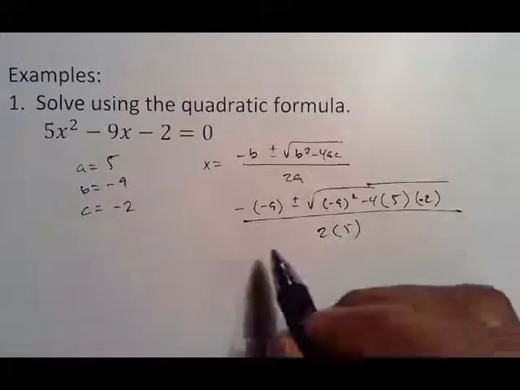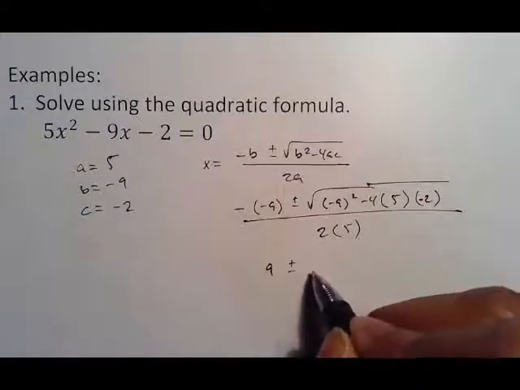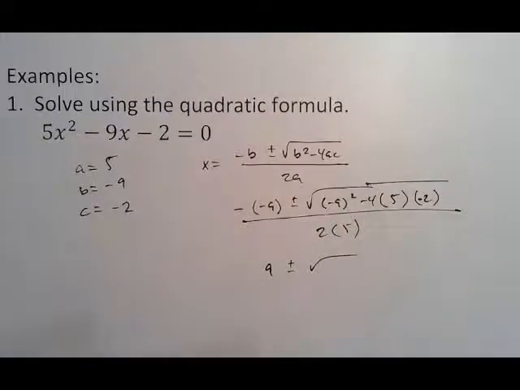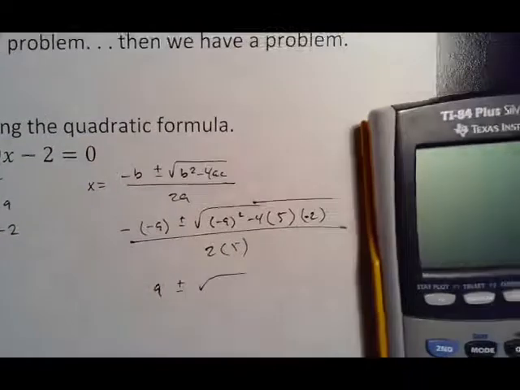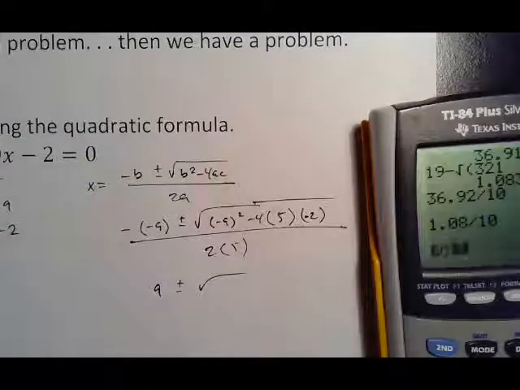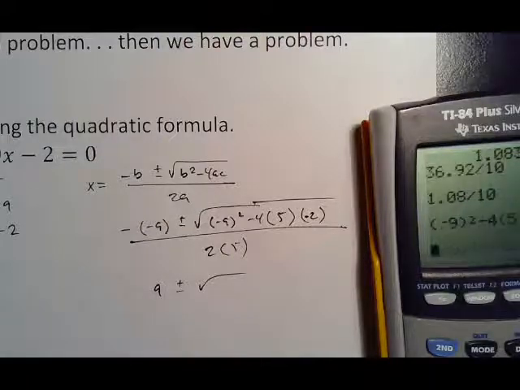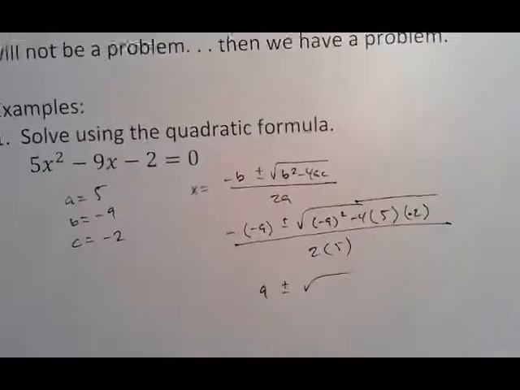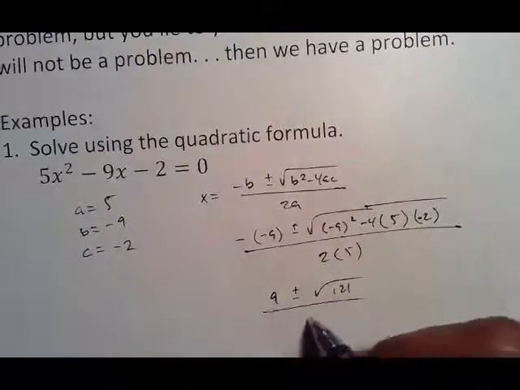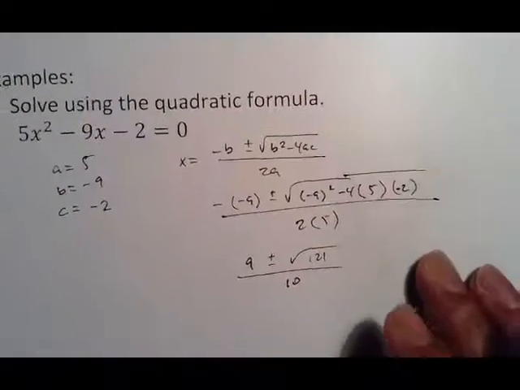Now I do what I did on the computer yesterday, which is simplify the 3 parts. Where's my calculator? So parentheses negative 9 squared minus 4 times 5 times negative 2, which is 121 over 10. Now you do have 2 options on this.